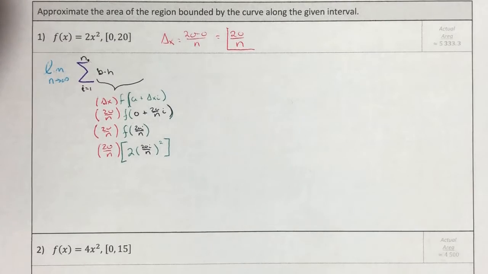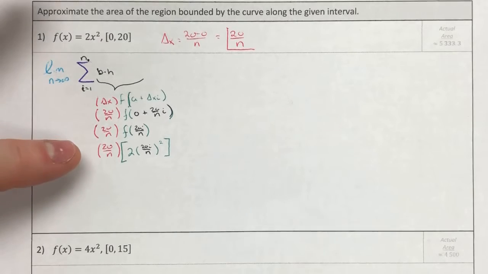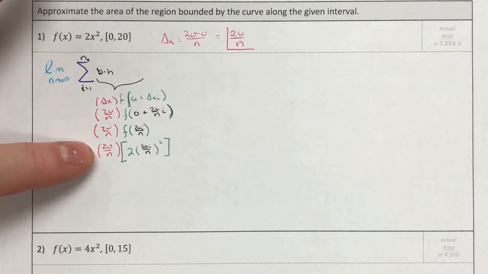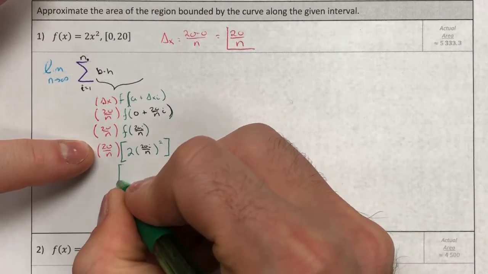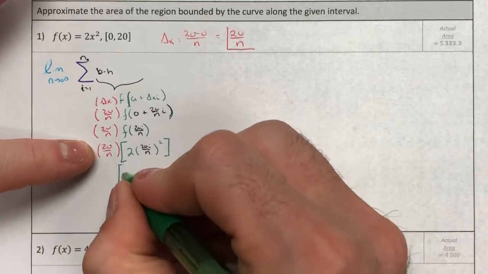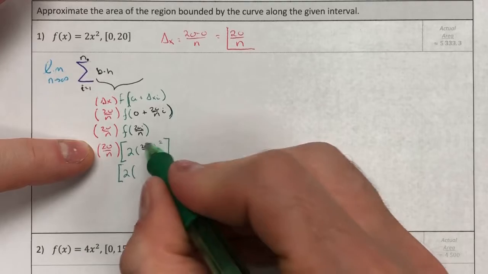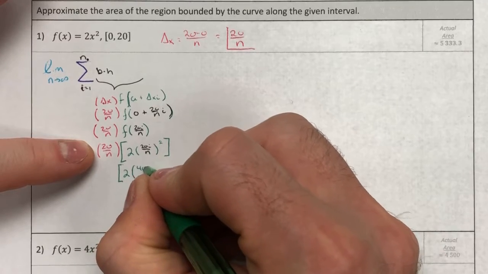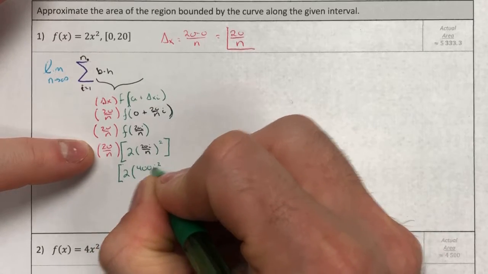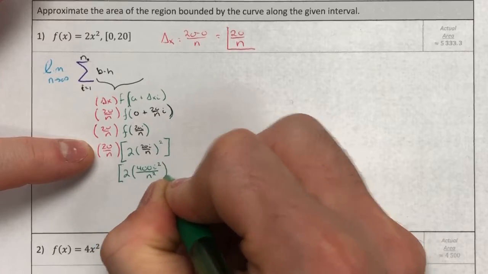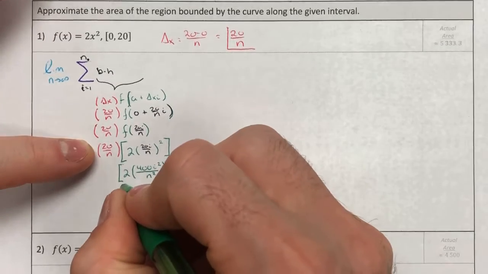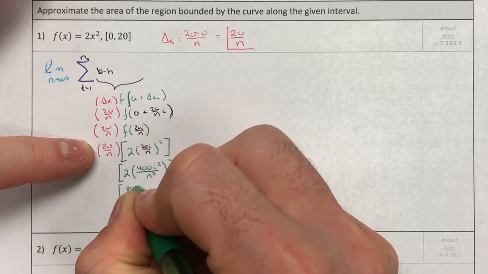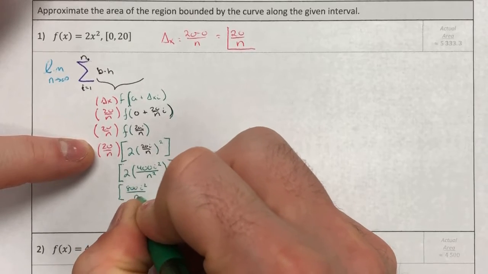I'm going to go ahead and, at this point, we're going to keep it in green and black until we combine the two. So with my green aspect, I'm going to square this. That's going to become 2 times 400 i squared over n squared. If I distribute that 2 in there, I now have 800 i squared over n squared.